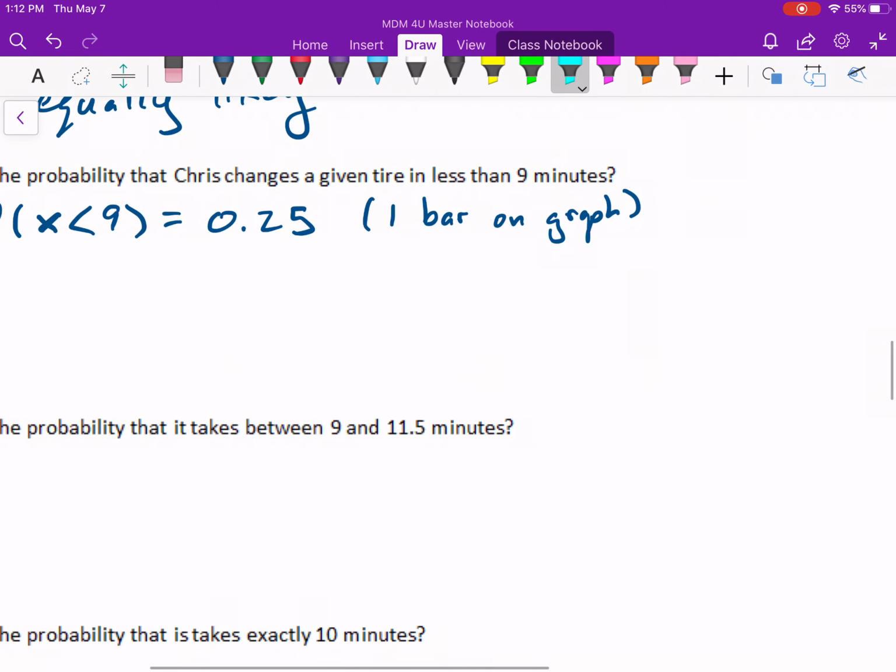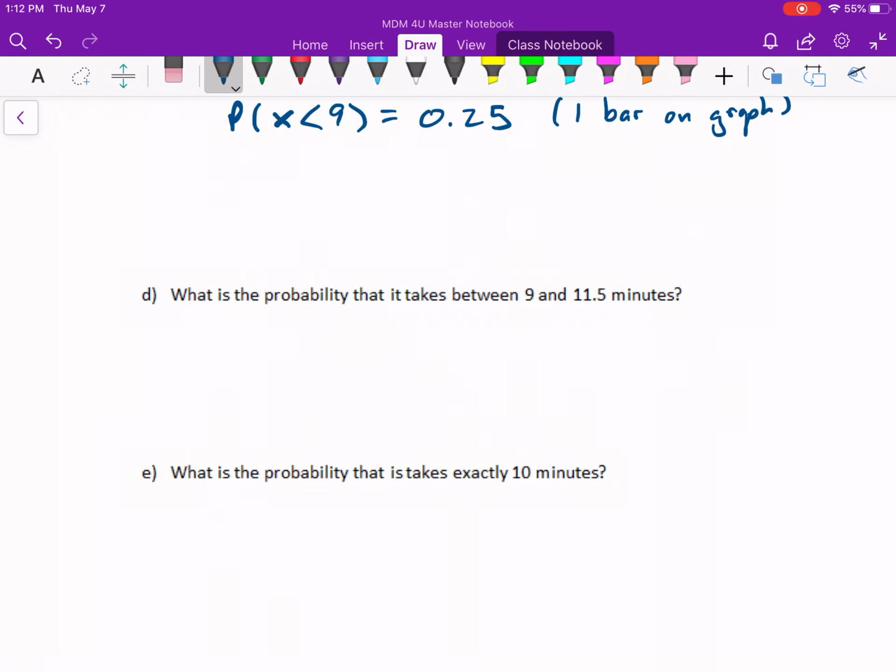So I could write that as the probability that x is greater than 9 and less than 11.5 is equal to 25% for 1 bar times the 2.5 bars, and as I already pointed out, that equals 0.625. I didn't add it up for you, but it adds up to 62.5%. 25 plus 25 plus 12.5.